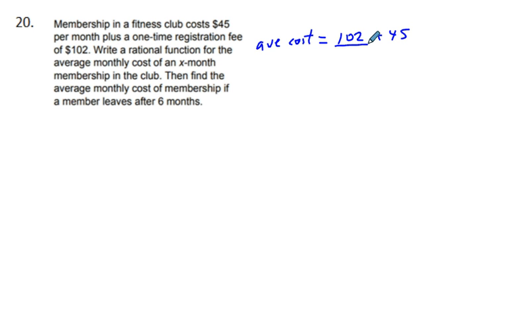But what we're doing is our average monthly cost is going to be found by taking this one-time registration fee and dividing it by x. So that's what this is going to look like. That's our average cost. And then if we want to find it for 6 months, average cost.